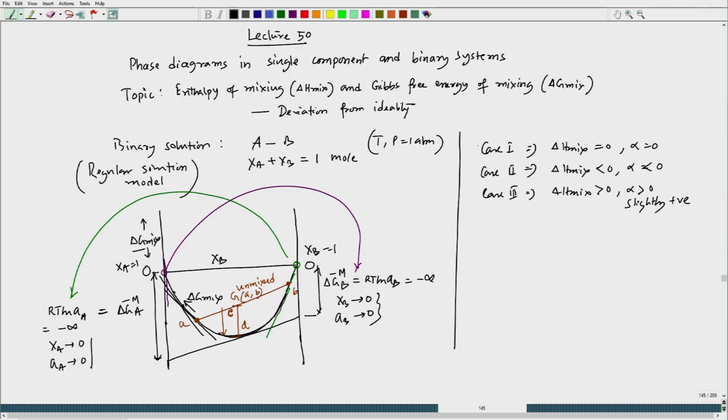Fine. So, all these three cases we have discussed, and we have seen that the Gibbs free energy plot, which is delta Gmix versus XB, is convex downward.